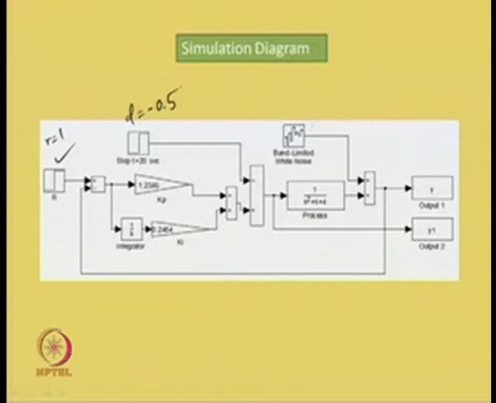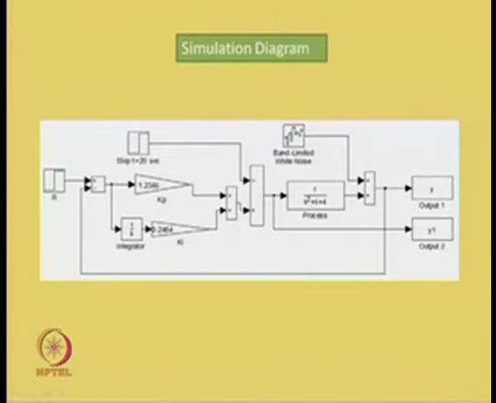And we also have band limited white noise added to the system to see the effects of disturbances on the performance of the PI controller. Let us look at the controller dynamics of the process and so on.